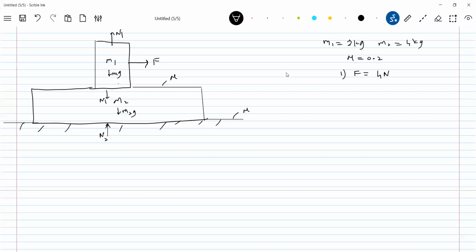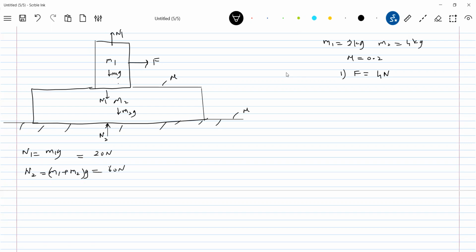Then first we'll calculate the limiting frictions at all surfaces. What is F1L? First, what is the value of N1? N1 equal to M1G. Directly I'm writing N2 equal to (M1 plus M2)G. M1 is how much? 20 Newton. What about N2? It will be 20 plus 40, 60 Newton.